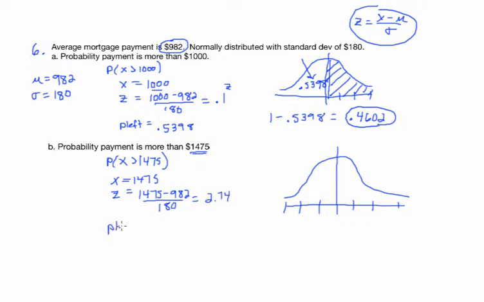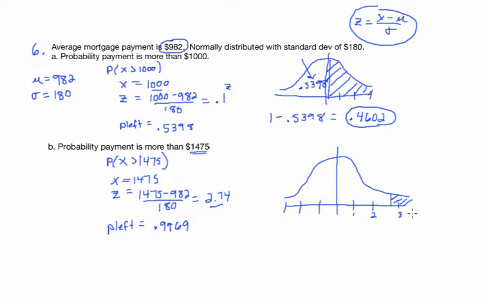I look that up in my table and find the probability that I'm to the left of that. So 2.74, that z-score is going to be right about here. So I'm looking for the probability that I'm to the right of that.